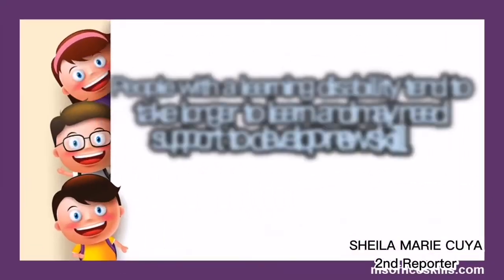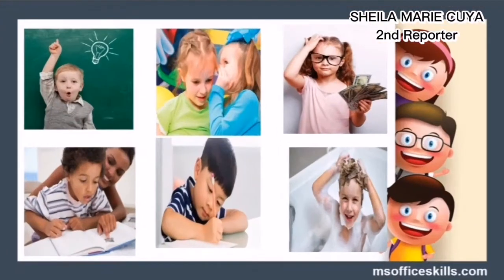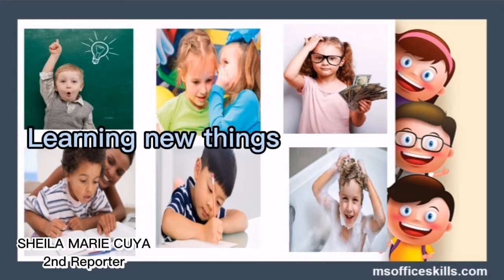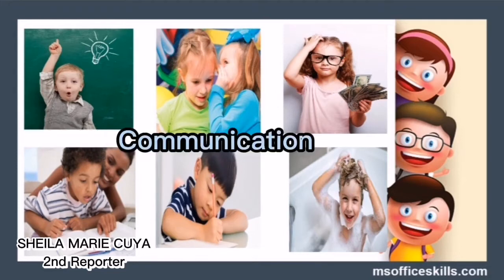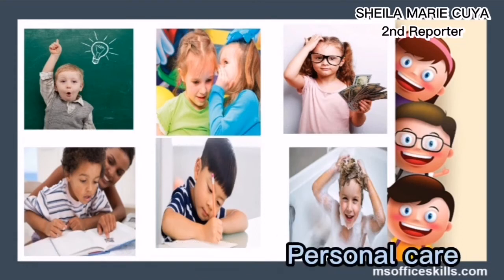People with learning disability tend to take longer to learn and may need support to develop new skills, understand complicated information, and interact with other people. The problems experienced vary from person to person. They may include aspects such as learning new things, communication, managing money, reading, writing, or personal care.